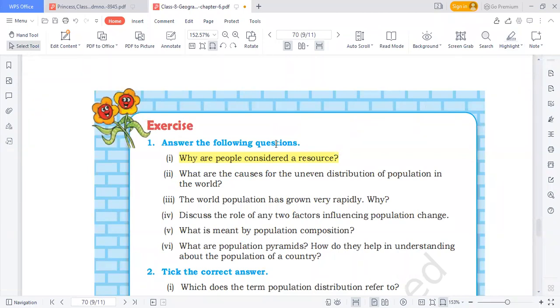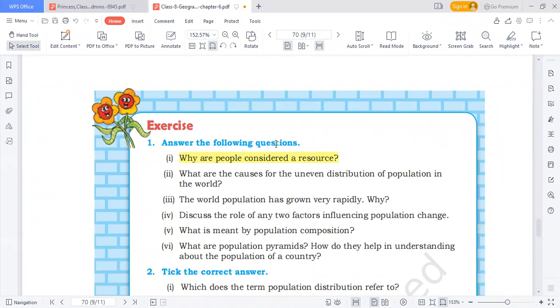Second point, income earned by individuals is calculated in national income.